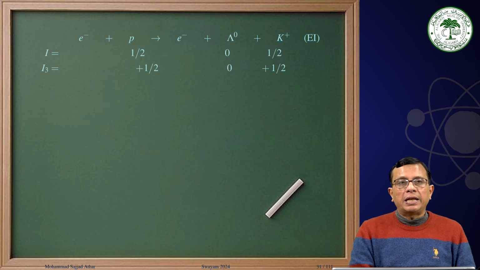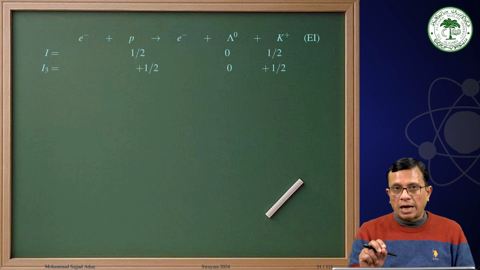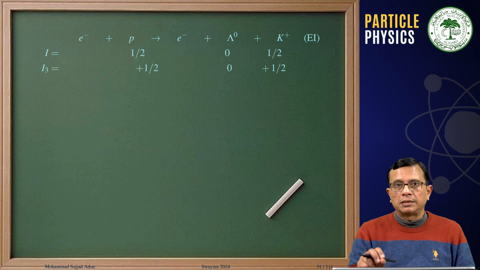Now, if we have electron plus proton in the initial state and electron plus lambda 0 plus K plus in the final state, now you see that lambda is an isosinglet, I is 0. I is 0, we call it an isosinglet. Similarly, isodoublet, isotriplet, isoquartet. Therefore, I is half for proton, for lambda 0 it is 0, for K plus it is half.